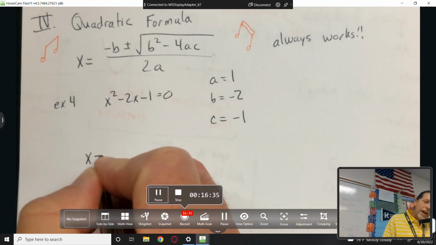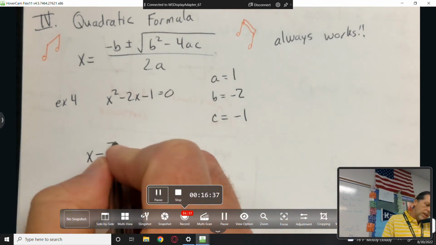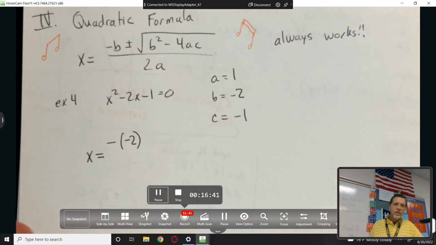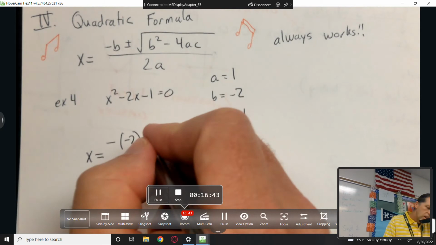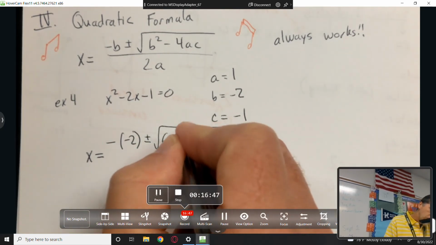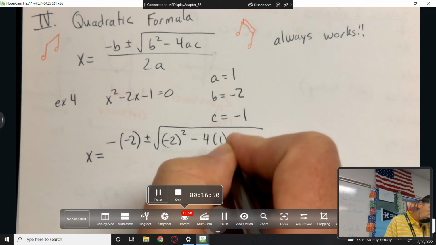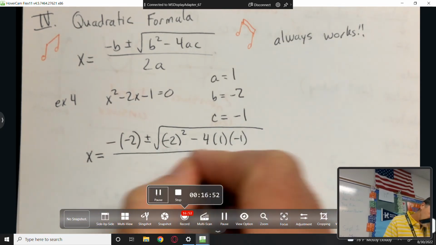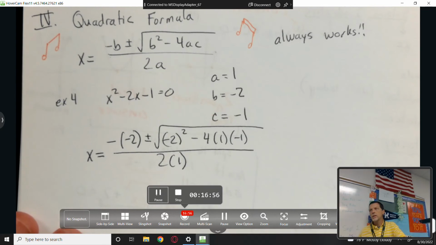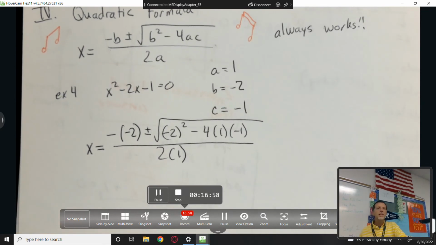So x equals negative, be careful, negative 2, plus or minus the square root of b squared minus 4ac all over 2a. Then it's just cleanup time.